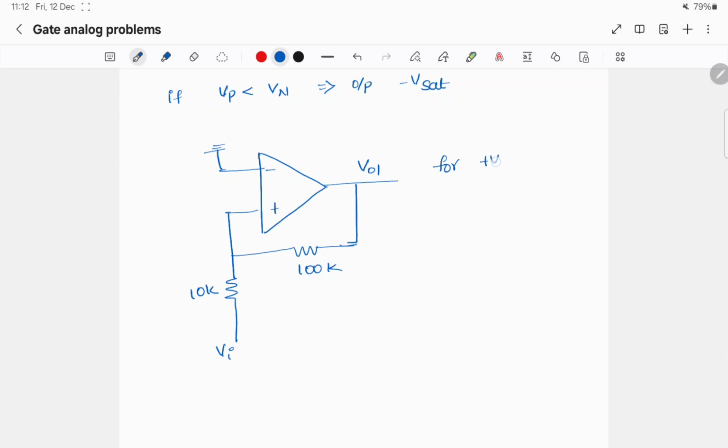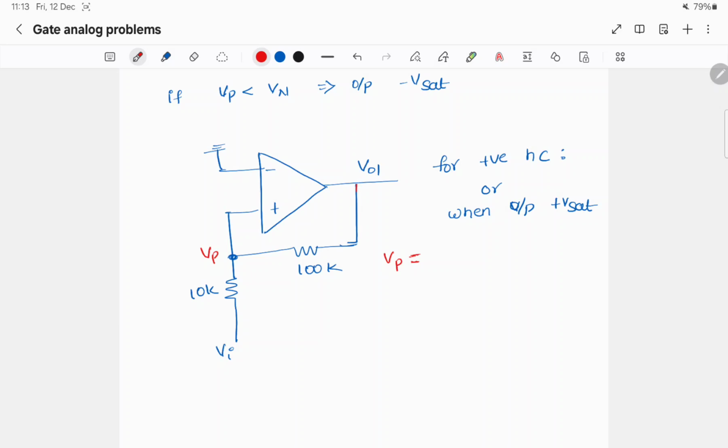For the positive half cycle, when output is plus Vsat, this node potential Vp will be the result of superposition of these two sources.